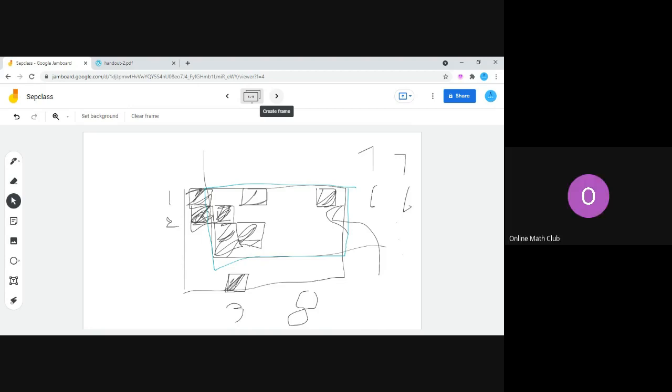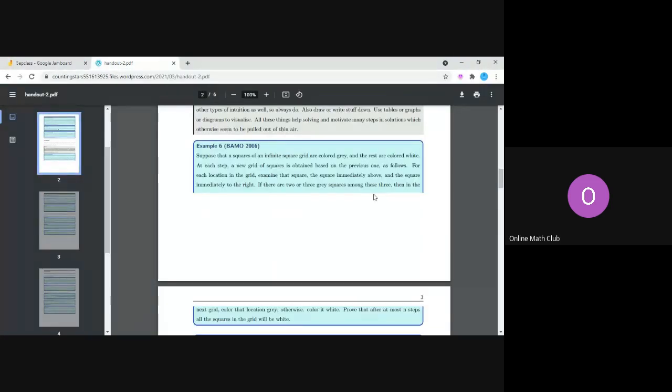But the idea is that if we call that assumption f of 5, and in general, f of n is the problem statement: if you have n squares in any combination anyhow, they will be completely white in n moves.